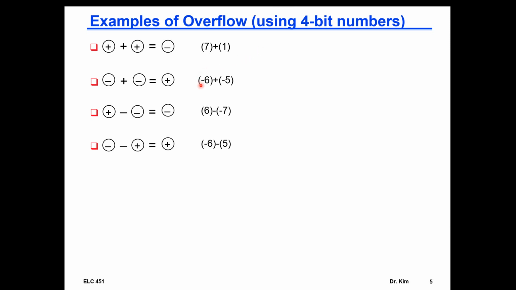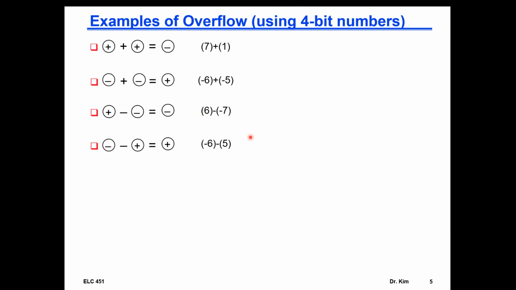How about -6 and -5? Well, that's going to be -11, which clearly doesn't fit in 4 bits because the highest value on the negative side that you can have is -8. How about 6 minus -7, which is 6 plus 7?